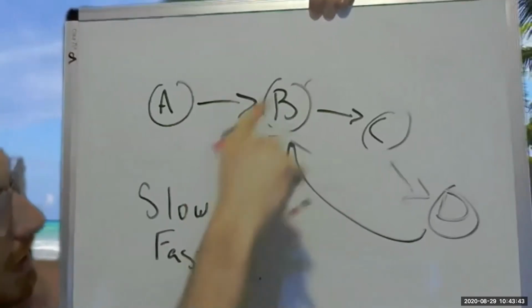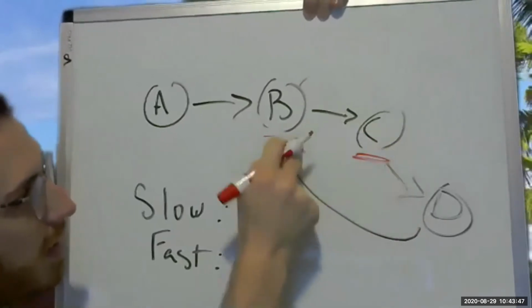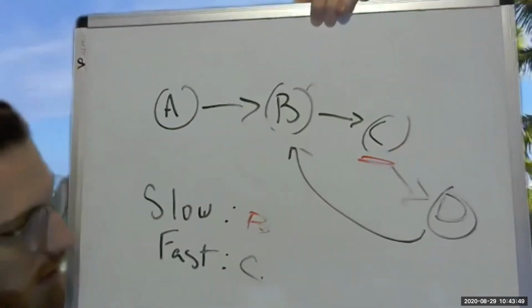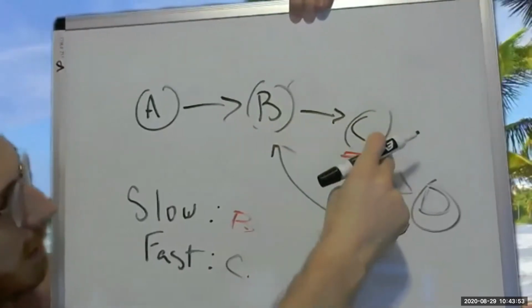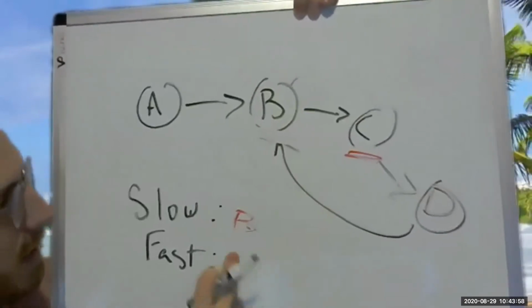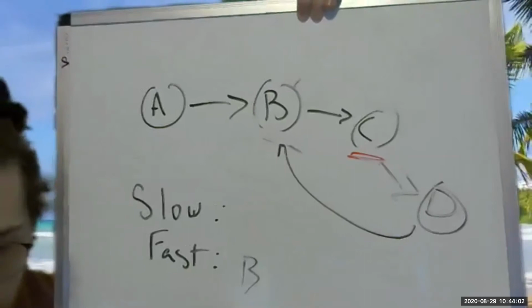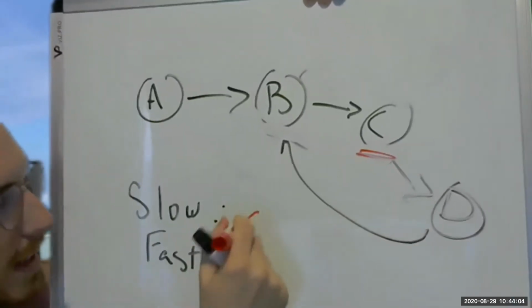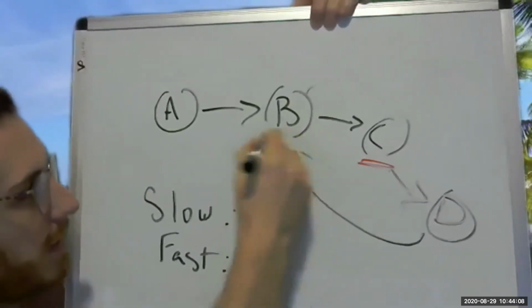Now, on the next iteration, slow moves to C, so this is where we were before, and fast is going to move from D to B. So now fast is B, and slow is C. We still with me, Ashia?